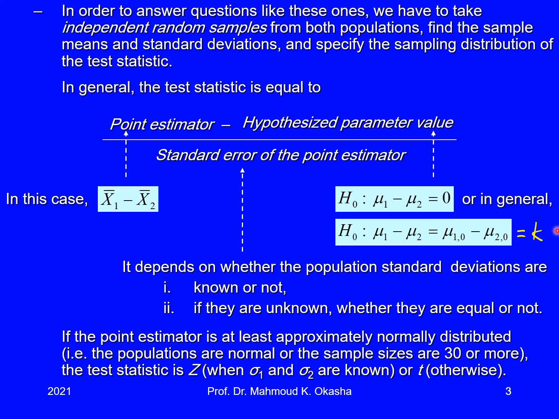Excel gives us the estimate, and it gives us the standard error of x1 bar minus x2 bar. We also have the hypothesized value of mu1 minus mu2, which here is 0. It could be some k, but we do not need to talk about a non-zero difference.